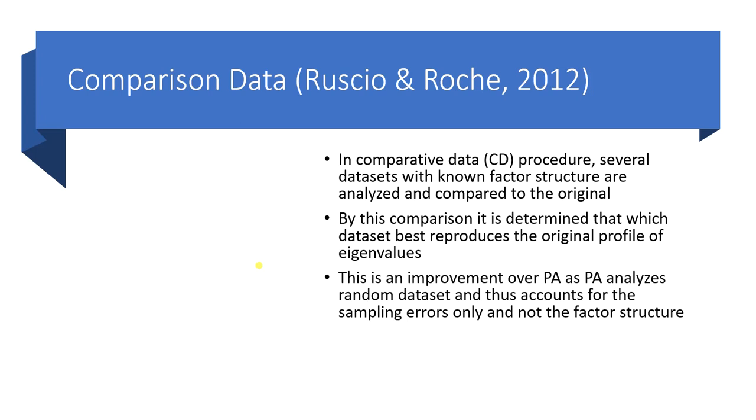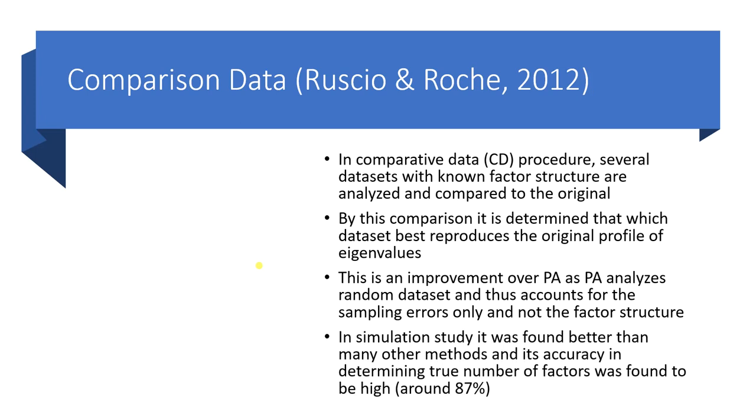Why? Because parallel analysis analyzes a random data set and thus it accounts for only sampling errors and not for the factor structure. But in this CD procedure, we are simultaneously accounting for both.